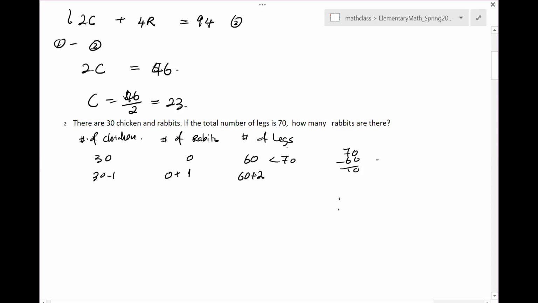Now you want to get 10 more legs, so 10 divided by 2 is 5. So 60 plus 2 times 5 will be 70. That's why I say 30 minus 5, and 0 plus 5. So that will be 25.